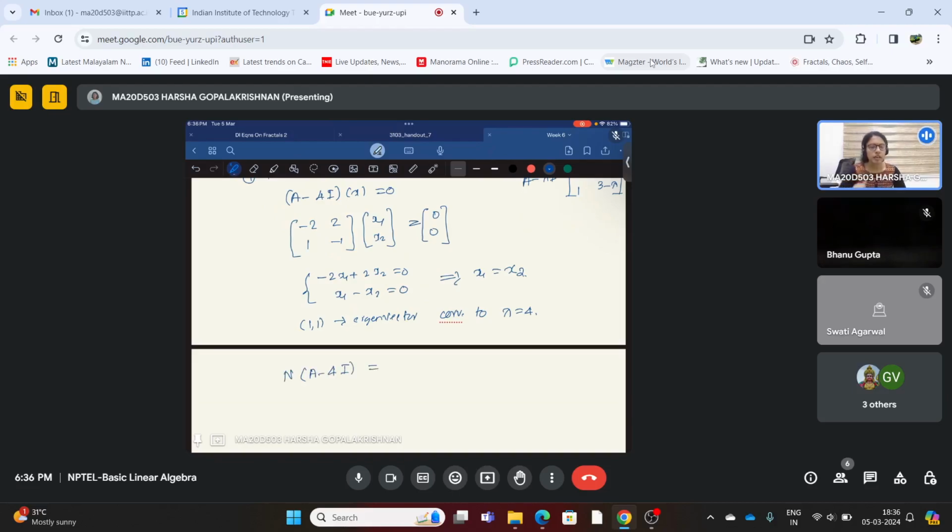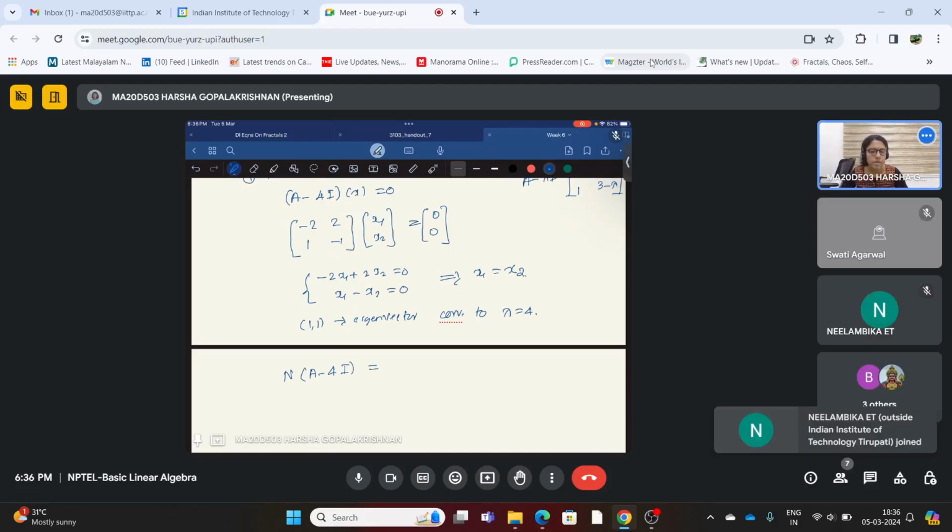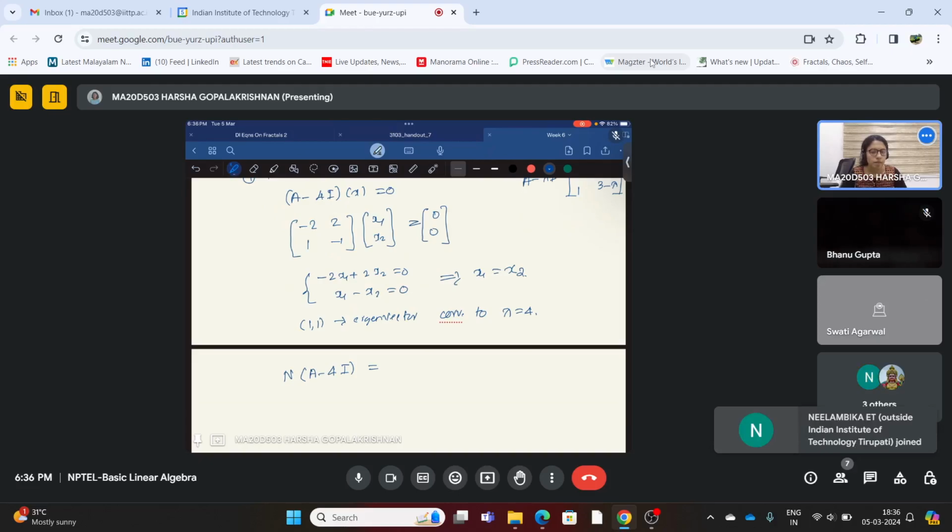The last row will become 0. First of all, does (1, 1) belong to the null space of A minus 4I?